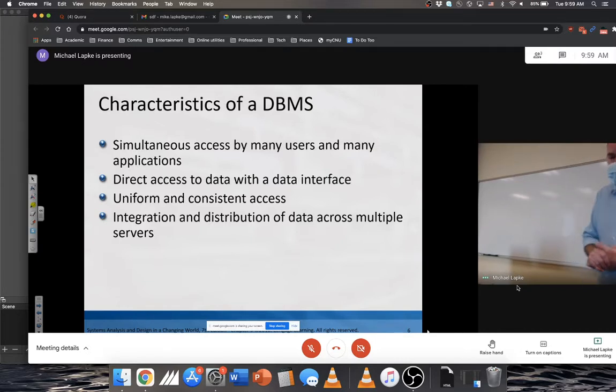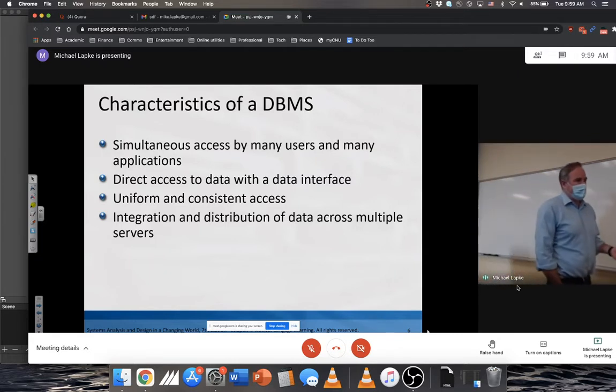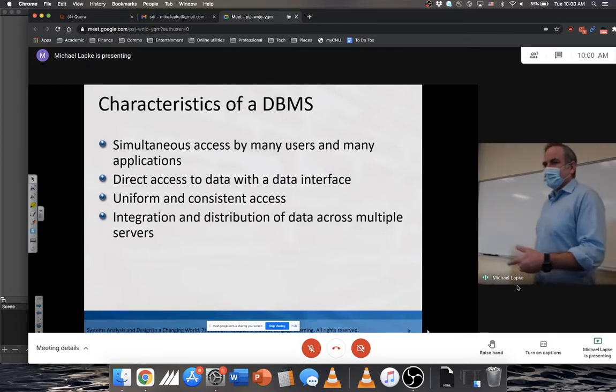All right. So what else does it have? Simultaneous access, and direct access to data with a data interface. This is the DBA interface you guys will be using through MAMP. You'll be using phpMyAdmin, but if you're using Oracle, they have a command line interface that you'd use. It feels somewhat similar to a terminal that you would access, Linux or something.